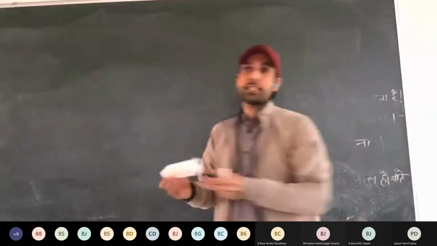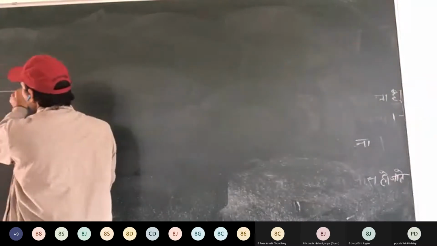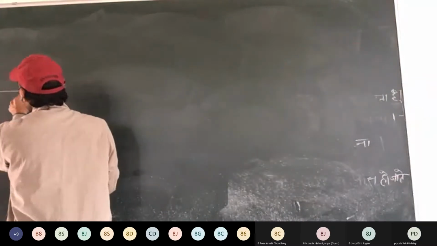So AB, BC. First we can draw the rough figure. AB is of length 4.5 centimeters.